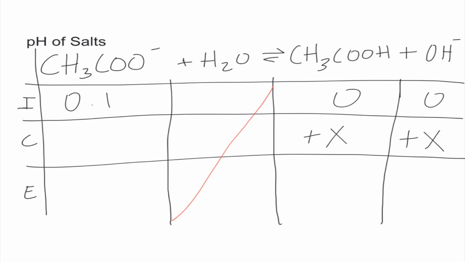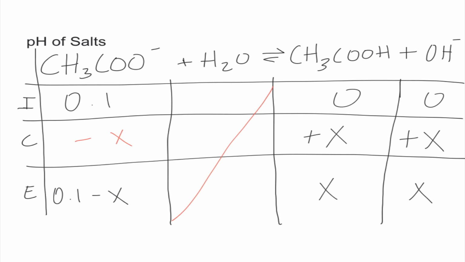So in this case it will be minus x here, and that C would stand for change, and that's what just happened. And when we add the initial and the change, we'll get the concentration at equilibrium, which is the E, and that ends up being 0.1 minus x, and x.